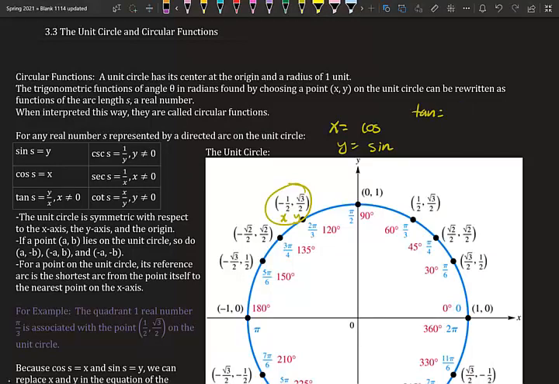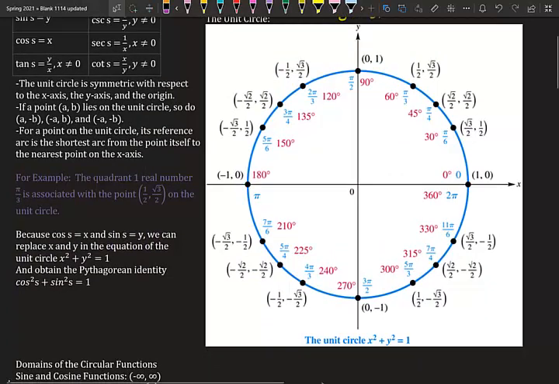So if we wanted to find tangent, it's sine over cosine, which we now know is y over x. And that's why it would be 1 over y, 1 over x, x over y for cosecant, secant, cotangent.